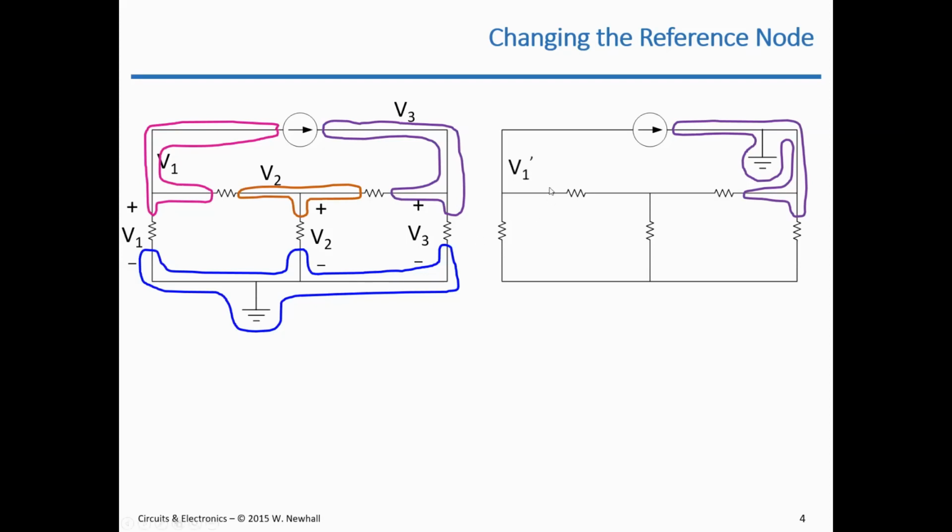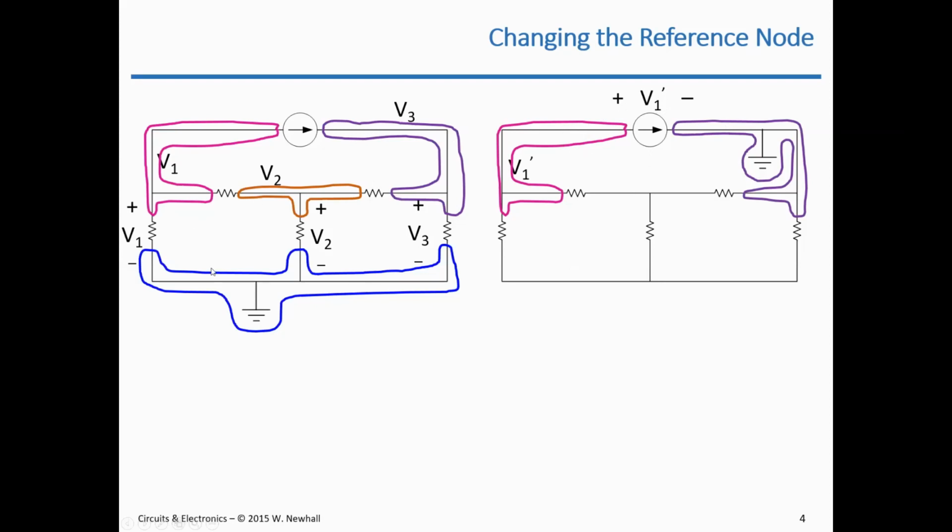So I'm going to define different node voltages because I've changed the reference. The node voltages are different. So this V1 prime really isn't related to V1 other than it's in the same spot. V1 prime is actually the voltage between the upper left node, the pink node, and the purple node.